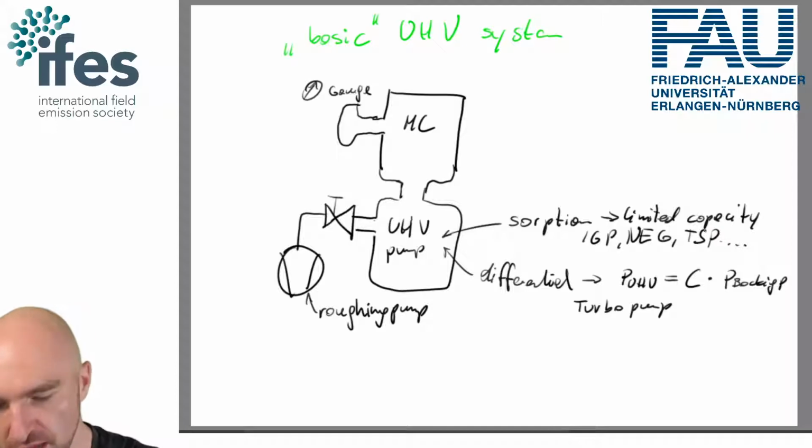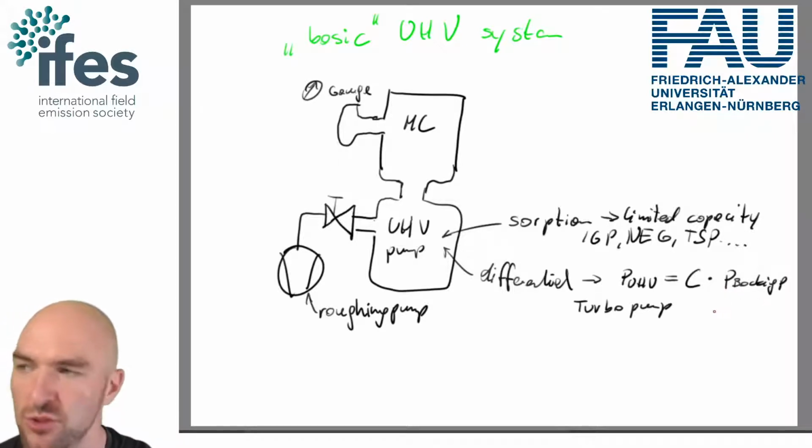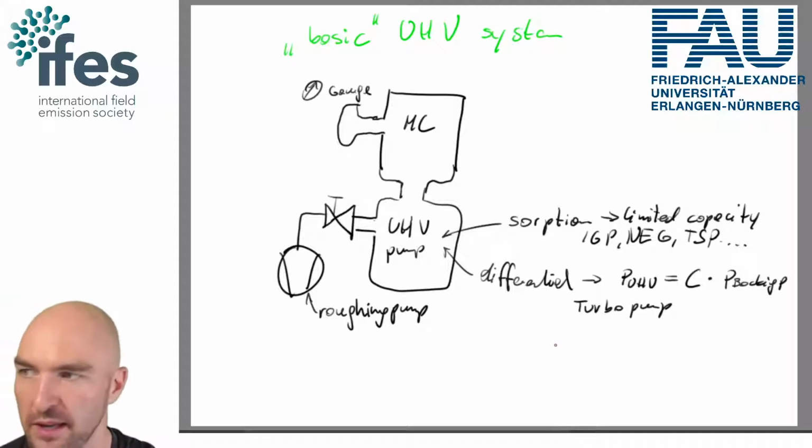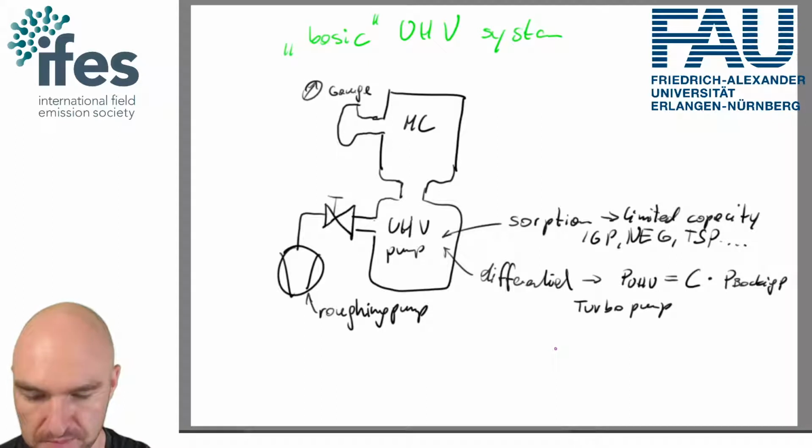Or a TSP pump. And in the case of differential pumps, the pressure that we can generate in our measurement chamber is essentially proportional to the pressure in the backing pump. Now, to first order, we'll get to why this is not 100% true anymore, but this is roughly why we always need a backing pump.